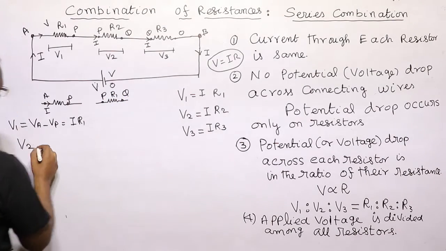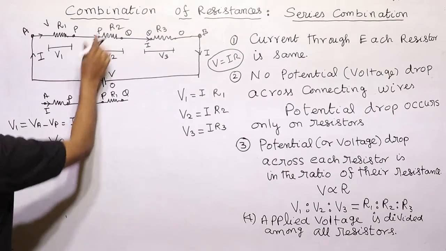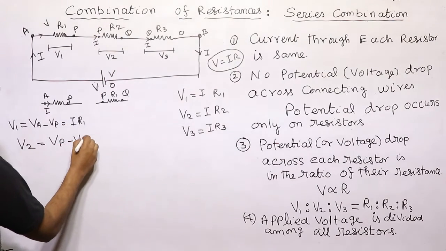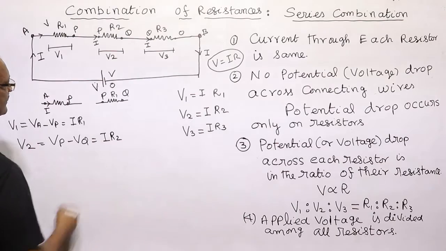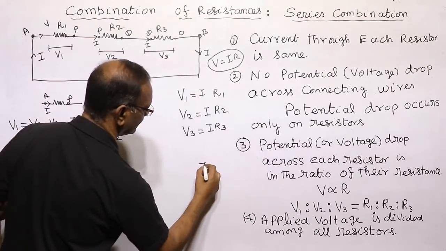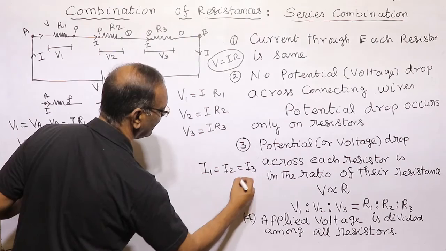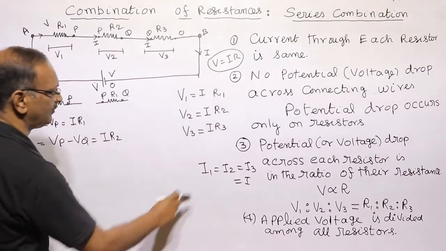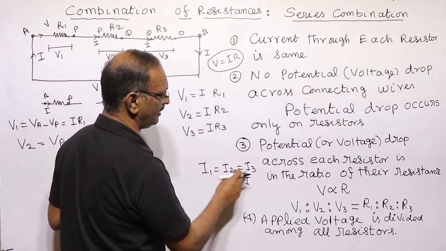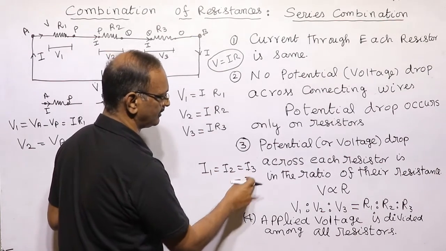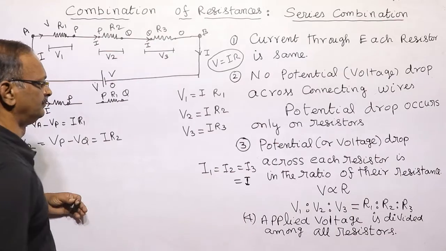So V2 is equal to VP minus VQ, which is equal to current I2 into R2. As already told, current I1 is equal to I2 is equal to I3 is equal to I. That is, the current flowing through resistor 1 is equal to the current through resistor 2 is equal to the current through resistor 3, which is nothing but the total current flowing in the circuit.